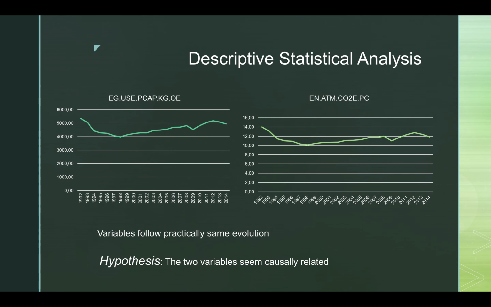For the descriptive statistical analysis, as you can see in the graph, there's a significant decrease from 1992 till 1998 for both variables. Then there's an increase from 1998 till 2007.